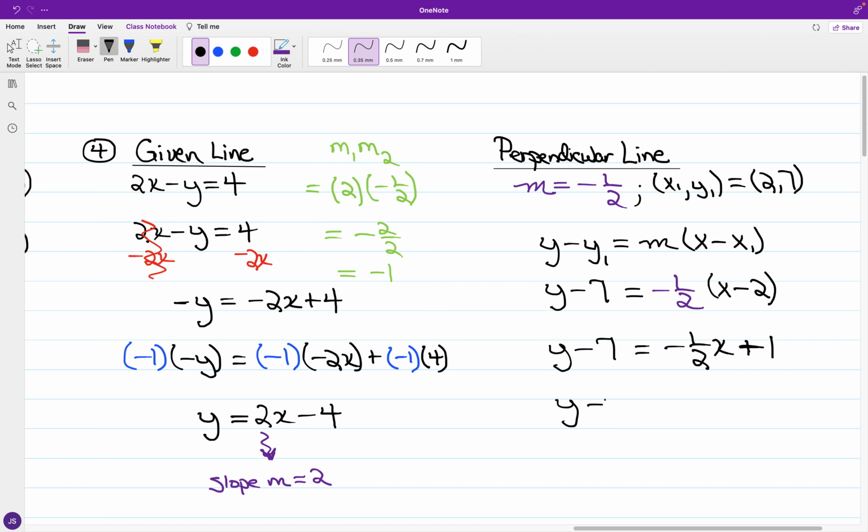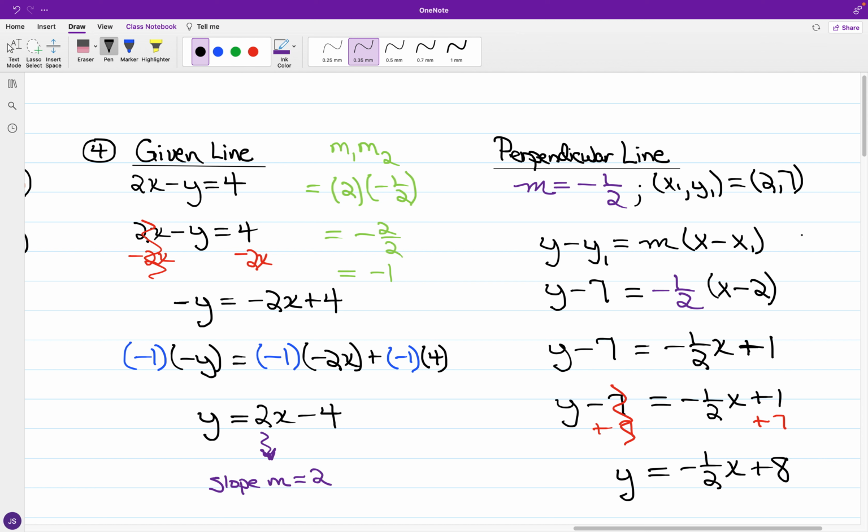And solving for y, after the distribution, I'm going to add 7 to both sides. And what I'm going to have here is y is equal to negative 1/2 of x, followed by the addition of 8.